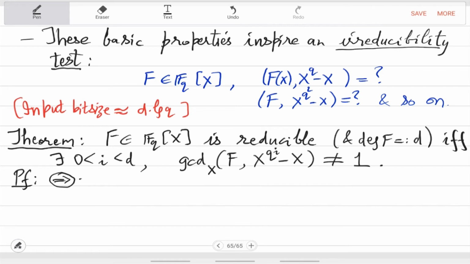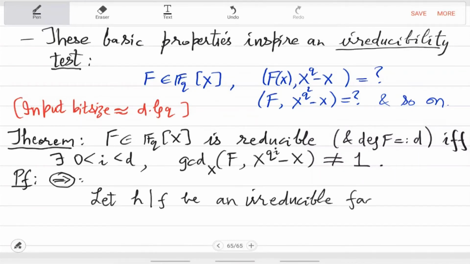So we assume big F is reducible. So let H dividing F be an irreducible factor of degree d prime, between 1 and d minus 1.